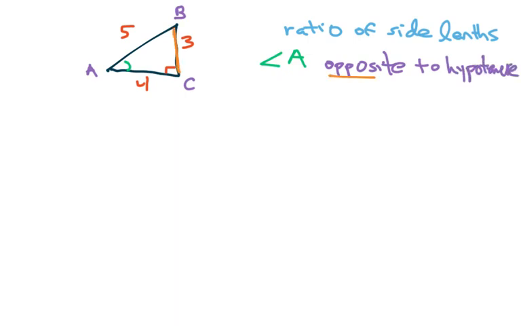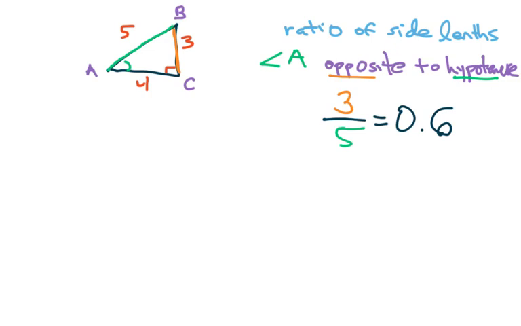The opposite is this side length that is 3, so I'll put a 3, and we're creating ratios, so I'll put a fraction bar. The hypotenuse is this 5, so that would be 3 to 5. What we often do is turn these into decimal form, and we should know that 3 to 5 is equal to 0.6 or 6/10.